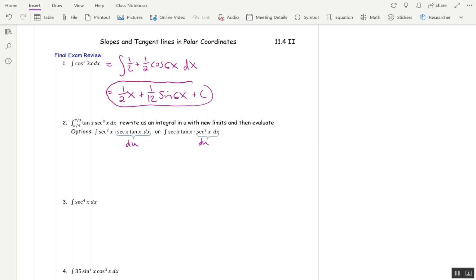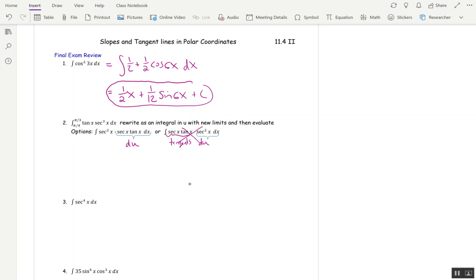If you pull out a secant squared as your du, secant squared is the derivative of tangent. That would mean we'd need to turn all of these into tangents. That's not going to happen because the power of secant is 1. So this isn't going to work.